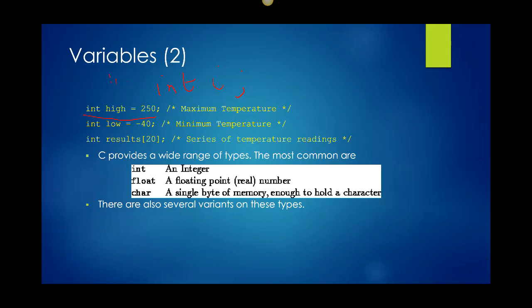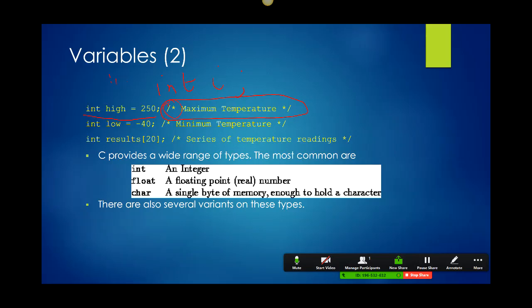Okay. It is also useful to see what you see in here. The rest of this line is a comment. In C language, anything that is enclosed between /* and */ is considered a comment. It's ignored by the compiler. It's just basically documentation.